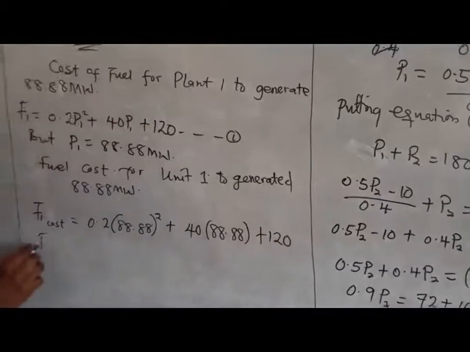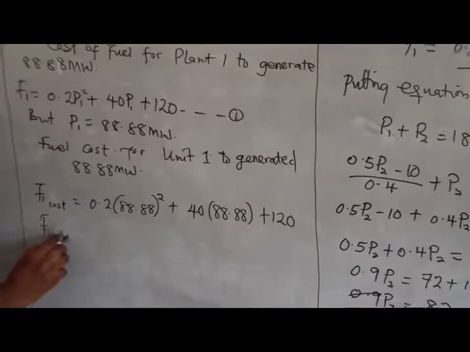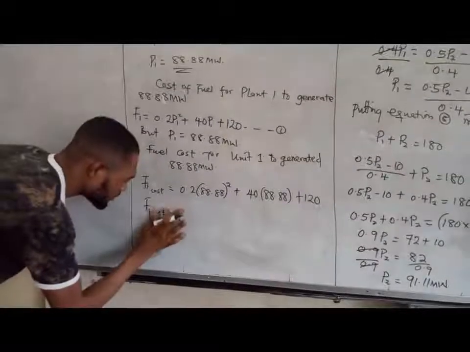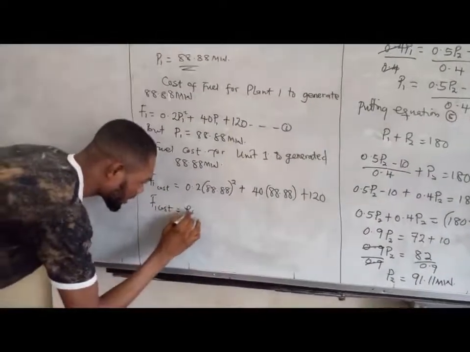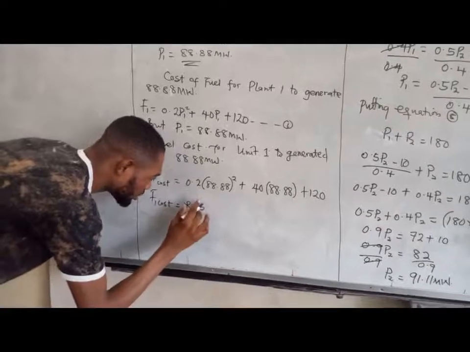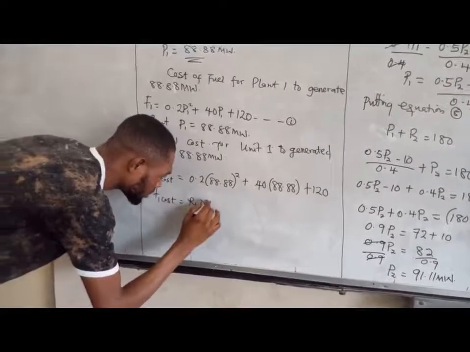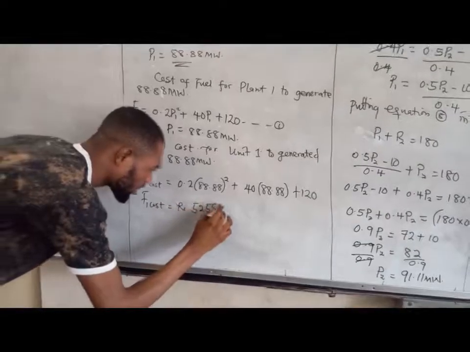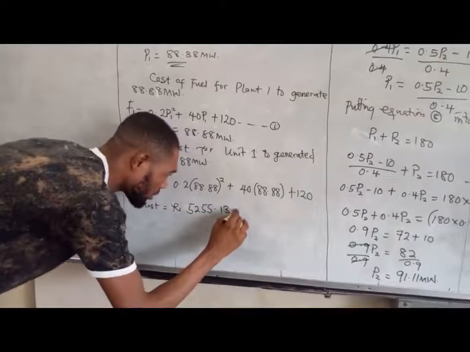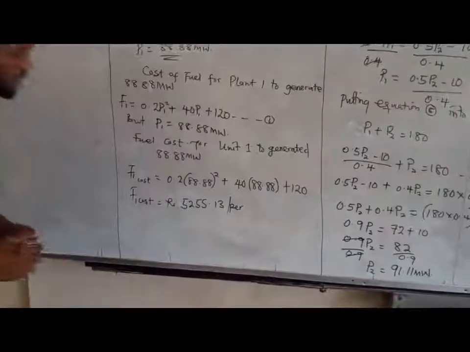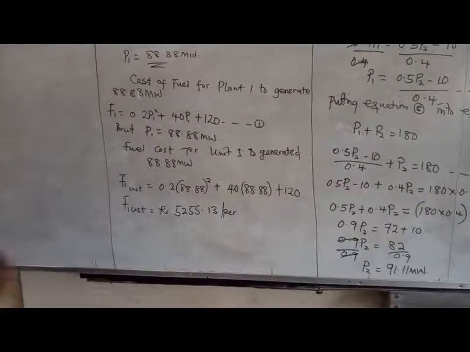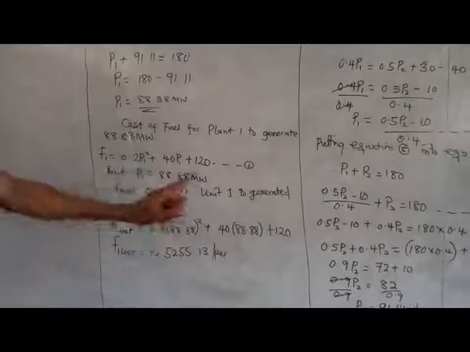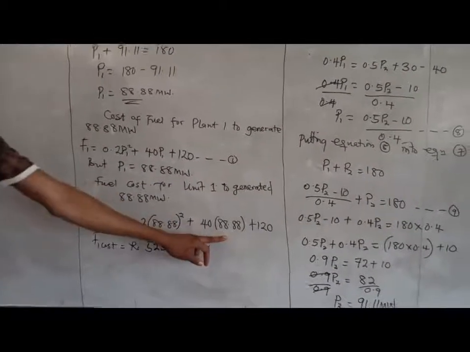So the fuel cost to generate this power is Rs 5255.15 per hour. So in every hour, this is the amount of fuel cost required to be injected into the boiler so that it will boil to produce this amount of power at the output.